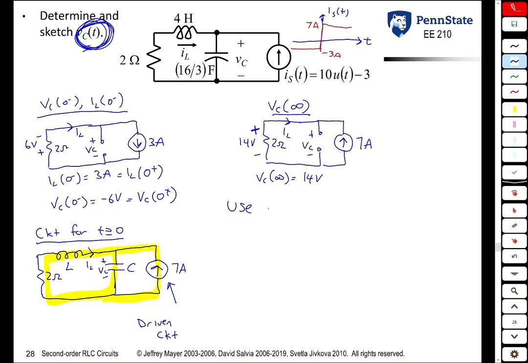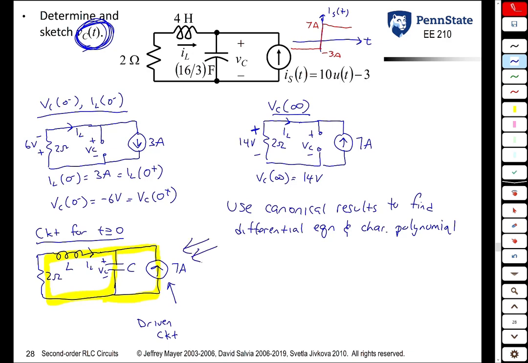So we could use canonical results to find the differential equation and ultimately the characteristic polynomial. The way to do that is to consider the source-free version of this circuit here.